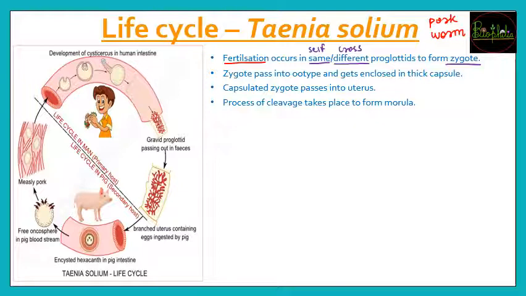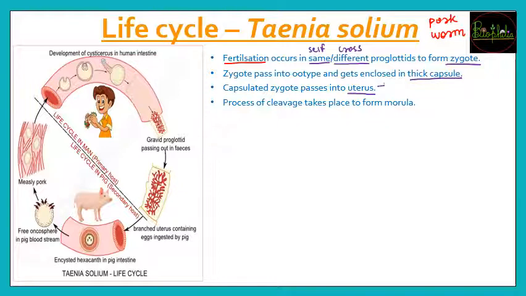As we saw in the life cycle of Fasciola as well, the zygote is enclosed in a thick capsule, so that it has time to pass through the intestine. So this thick capsulated zygote is going to pass through the uterus of the tapeworm.